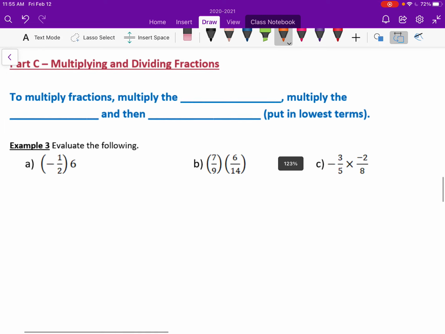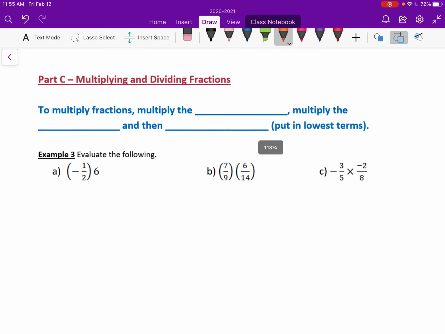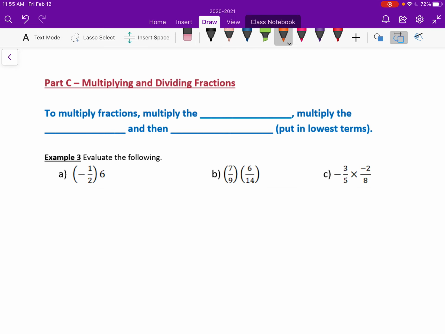Okay. So we're done with changing mixed numbers, we're done with adding and subtracting. We're going to do multiplying and dividing. We kind of already went through this in lesson 2, but we'll go over it again. So when you are multiplying or dividing fractions, these are the rules you need to follow.